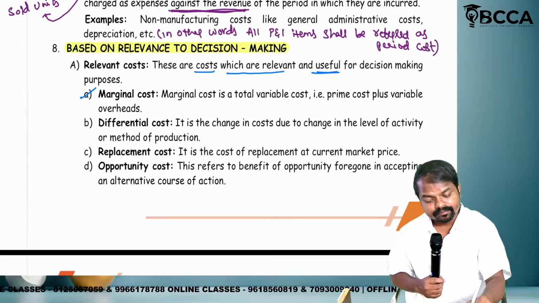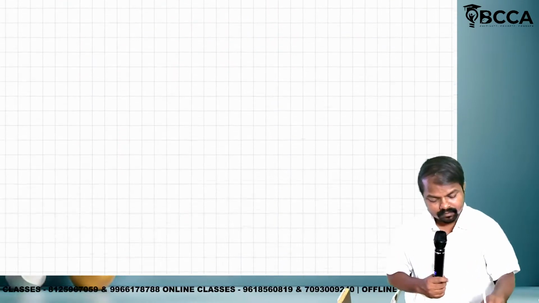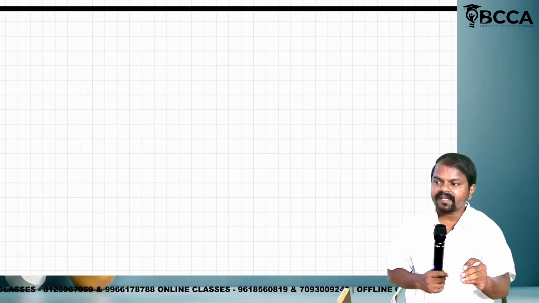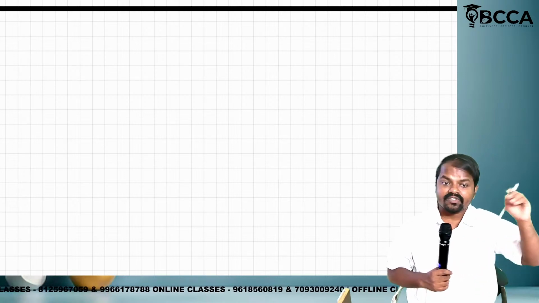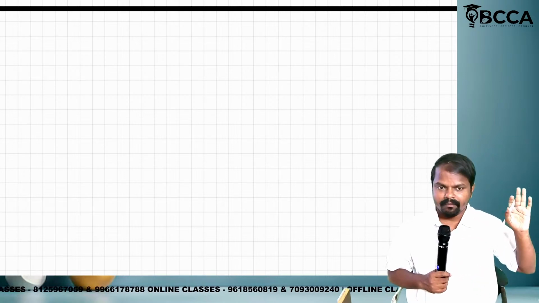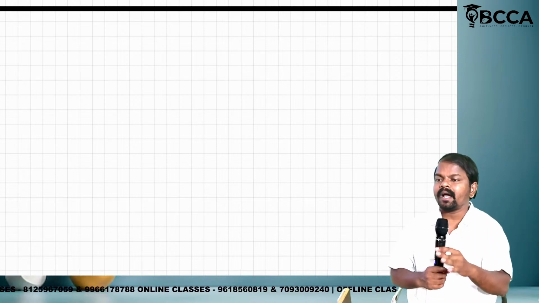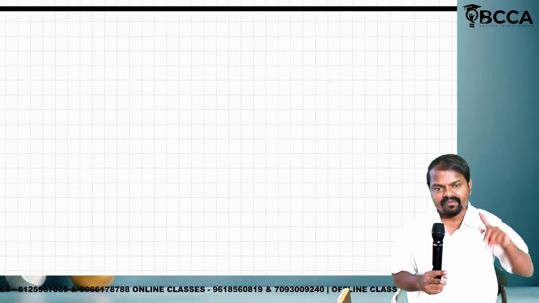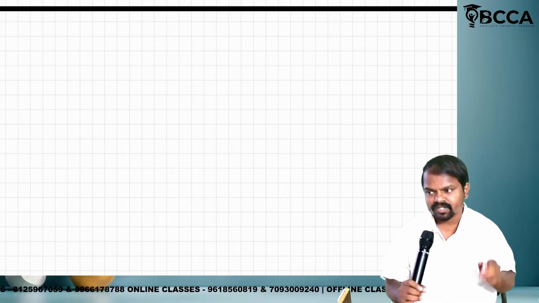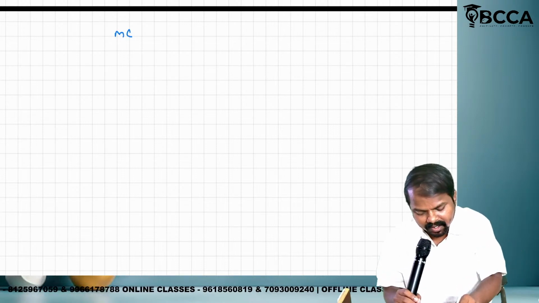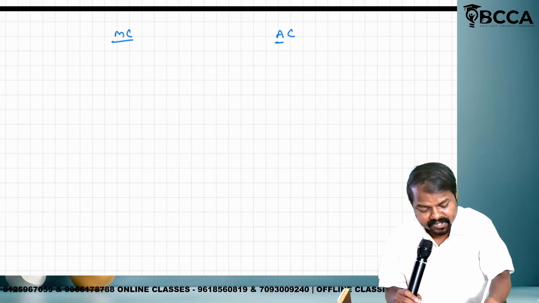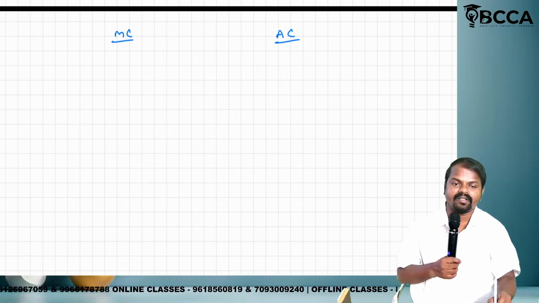Listen. This concept actually comes under the chapter called marginal costing, but I will give only a brief introduction. The elaborate discussion will come under marginal costing. Marginal costing, absorption costing, two types of techniques are there.